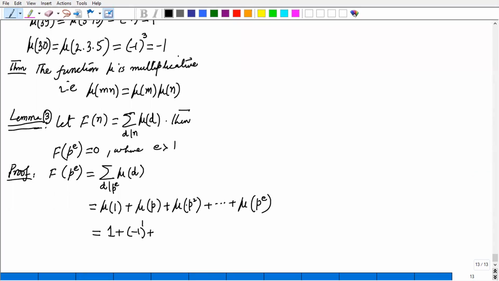Then mu of p square: p square can be divided by p square, so this integer is divisible by p square. So the Mobius function on p square is 0. Similarly, the Mobius function of p cube is also 0, and so on, because p to the power e is divisible by p square. So this is also 0.